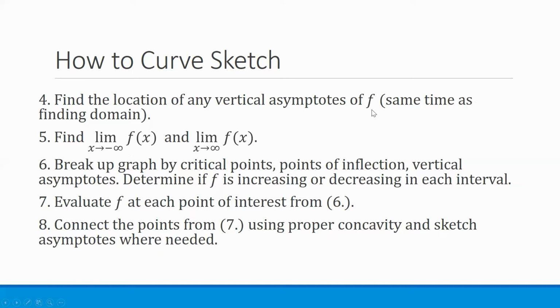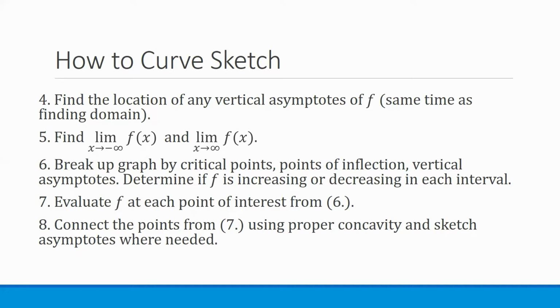This is, again, in the same realm of finding the domain. We also want to find out the behavior of the function as x goes to infinity and as x goes to negative infinity. Do we increase forever, or do we approach a value? Do we decrease forever? That sort of thing.